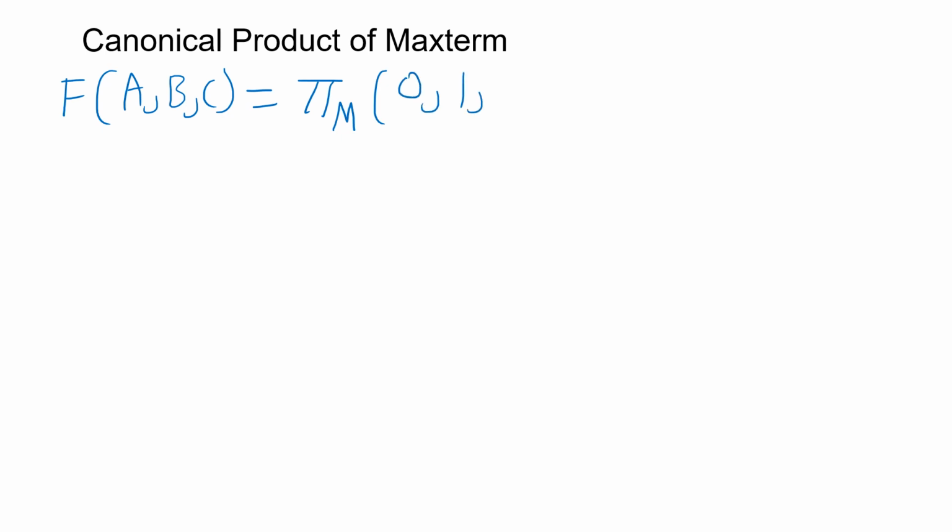Okay, let's move to the canonical product of maxterm. Previously we have seen canonical sum of minterm. Now I am saying canonical product of maxterm. So let me take one example. Suppose your function is given f a comma b comma c. Now product is represented by this, and it is a maxterm, so capital M. Now I am saying I have 0, 1, 4 and 5.